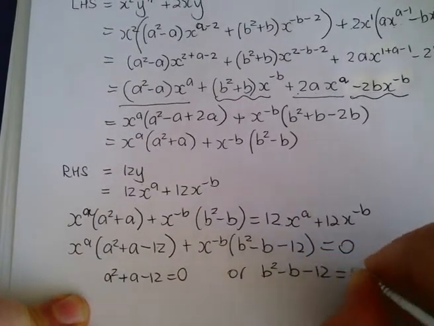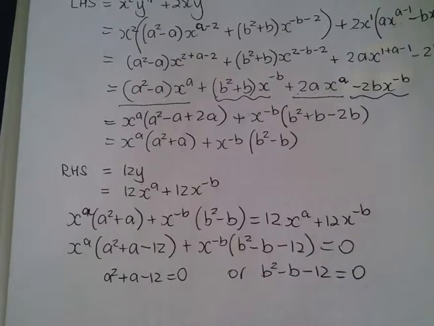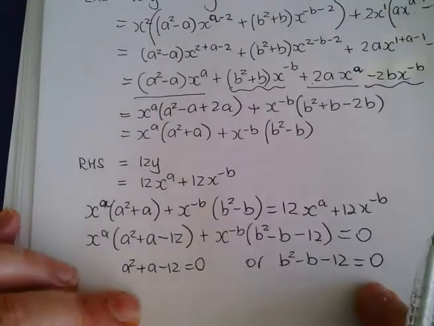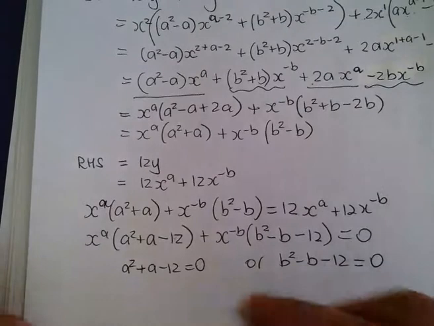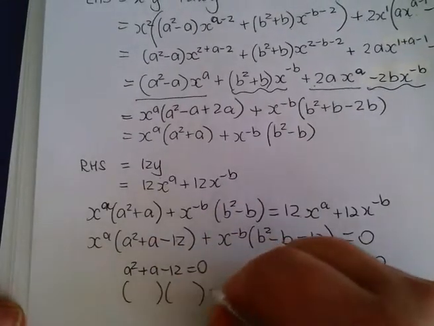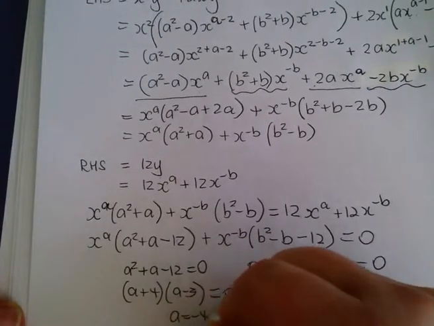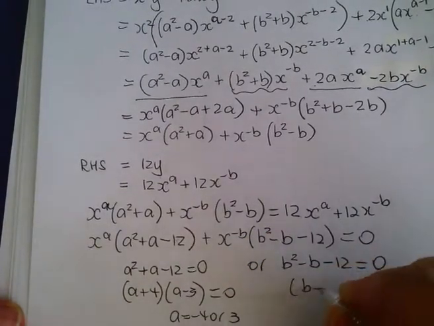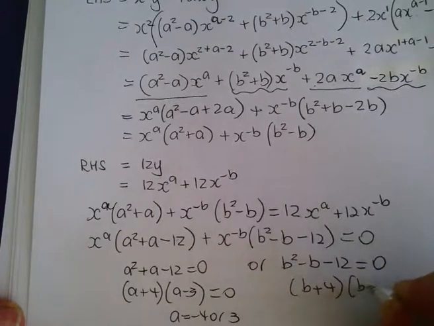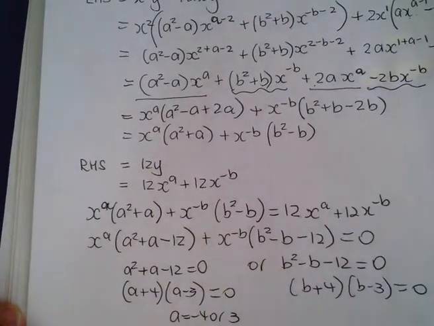I think you need and, or, oh, they're the same equations. So one of them is going to be a, one of them is going to be b. When you factorize this, you get a plus 4, a minus 3. So a is negative 4 or 3, and you get the same here. In other words, one of them's a and one of them's b when that happens.